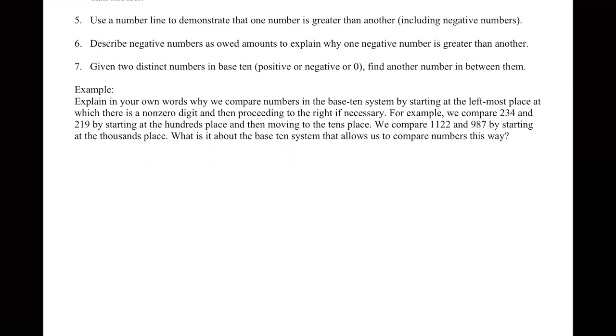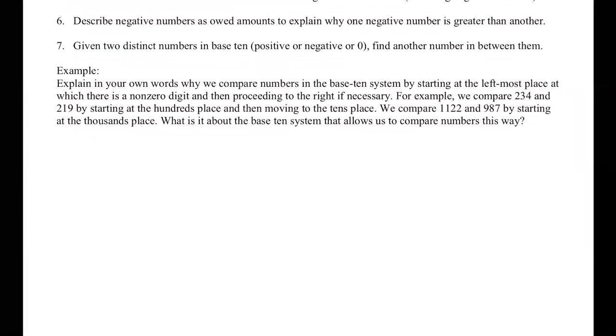So example here: explain in your own words why we compare numbers in the base 10 system starting in the leftmost place where there is a non-zero digit, and then proceeding to the right if necessary. For example, we compare 234 and 219. So actually, let's just write that. 234. They're both 3-digit numbers, so we could start at the 3rd digit in both cases. So we would start with the 2.